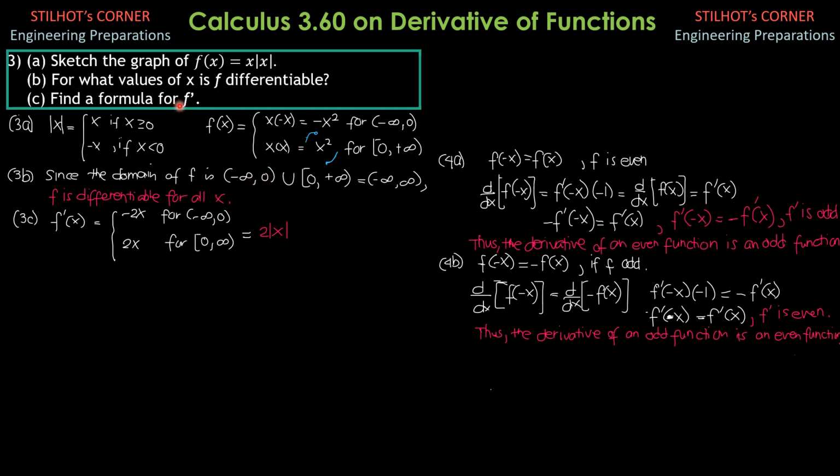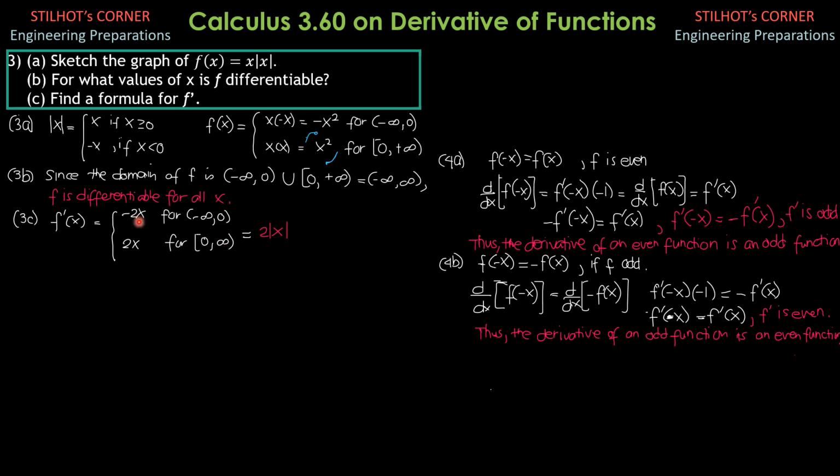Then find a formula for f prime. Since f of x is defined piecewise by negative x squared for negative infinity to 0, excluding 0, and x squared for 0, including 0, to positive infinity, we differentiate each. So it is equal to negative 2x for negative infinity to 0, and it is equal to 2x for 0, including 0, to positive infinity.